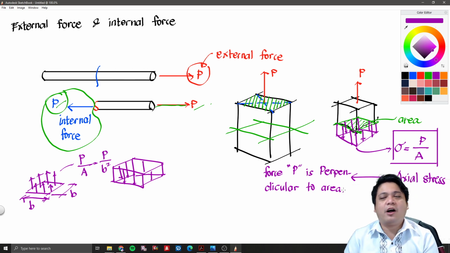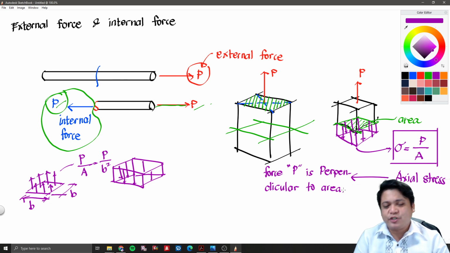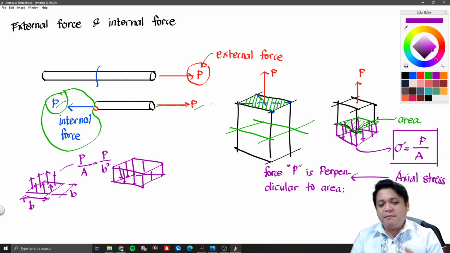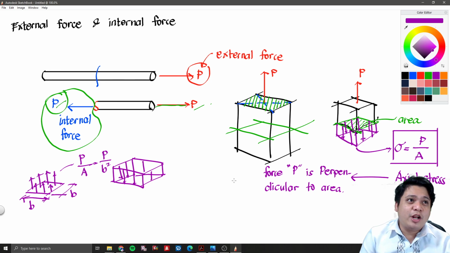Kapag ganyan, ano? Ngayon, that is just a simplification. May mga nangyayari po kasi talaga na sabihin na natin non-uniform. Ito yung reality na nangyayari. So, it is according to the Saint Venant.